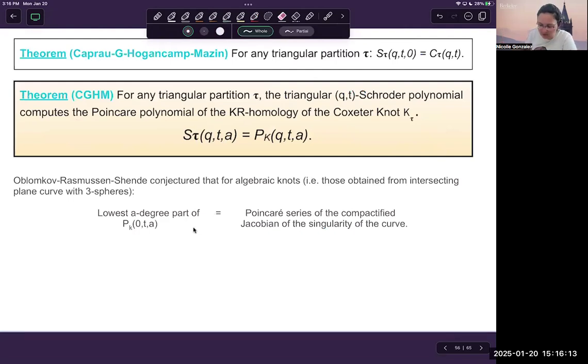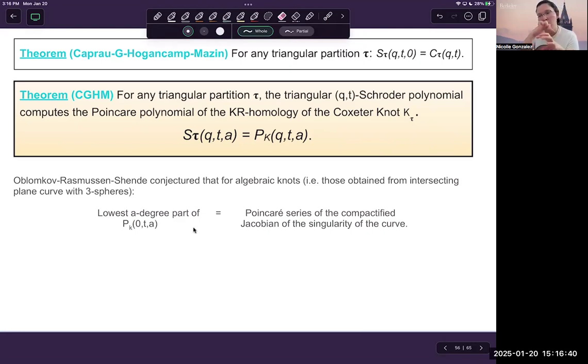Now, we actually get more than that. So it turns out that there's a family of much bigger conjectures underlying this whole knot theory story. One of the conjectures, due to Oblomkov, Rasmussen, and Shende, tells us that for the specific family of knots called algebraic knots, which are knots that you obtain by intersecting a three-sphere with a plane curve singularity at 0.